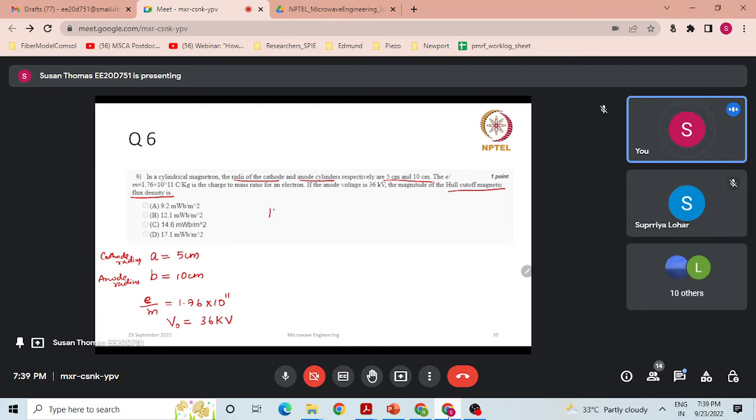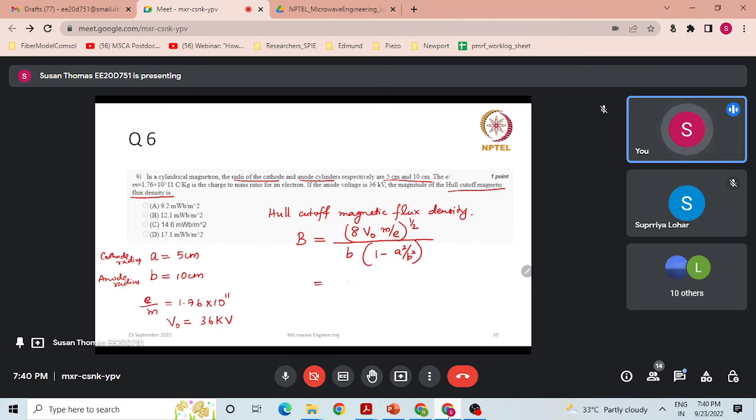I am going directly to the formula. If you need any details, you can refer to the video lectures. The Hull cutoff magnetic flux density B is given by (8 V naught m by e) the whole raised to half, divided by b into (1 minus a square by b square).